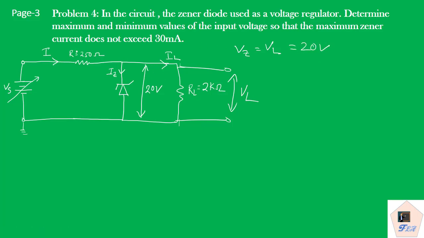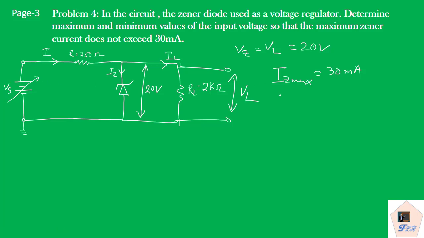Then we have the input resistance as 250 ohms and the load resistance as 2 kilo ohms, and the maximum Zener current, that is Iz max, is given as 30 milliampere. So that means we have to find the minimum and maximum value of the input voltage Vs.